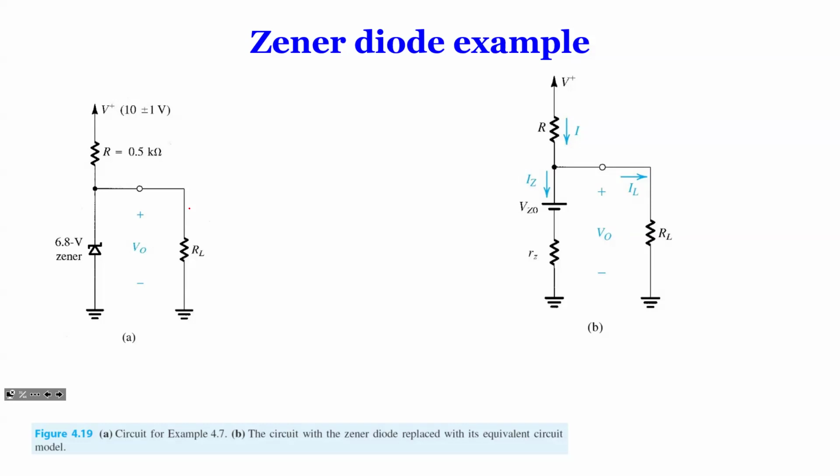Yeah. So for this Zener diode, let me write down the numbers: VZ is 6.8 volts, IZ is 5 milliamps, RZ is 20 ohms, and IZK is 0.2.